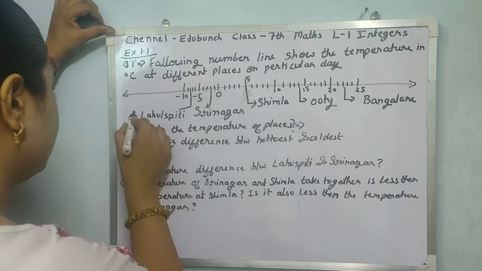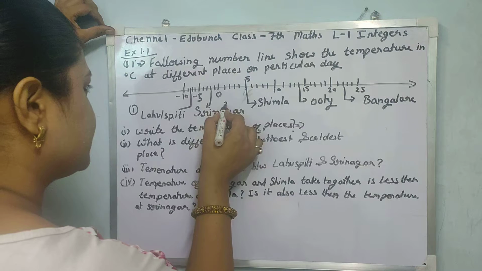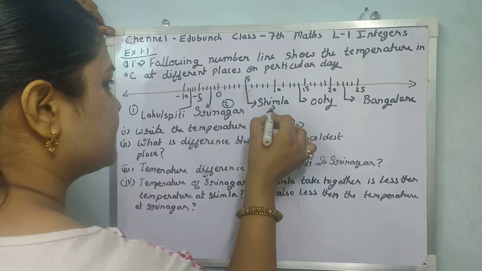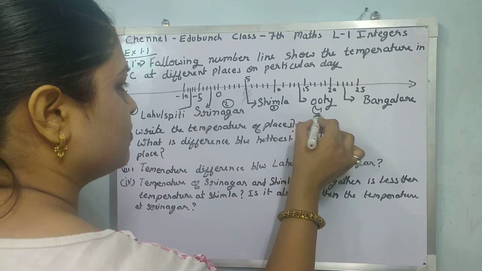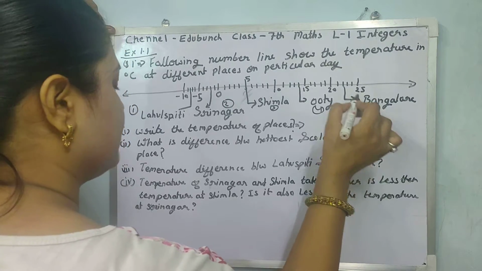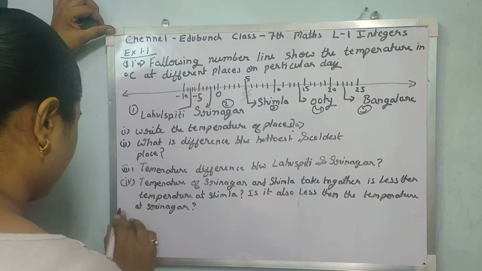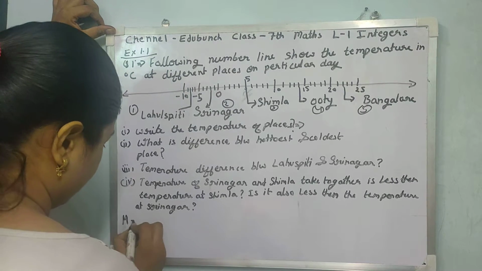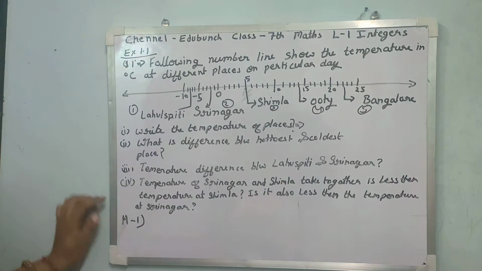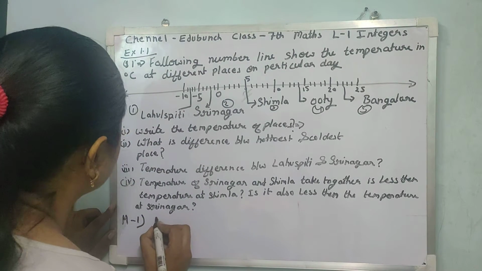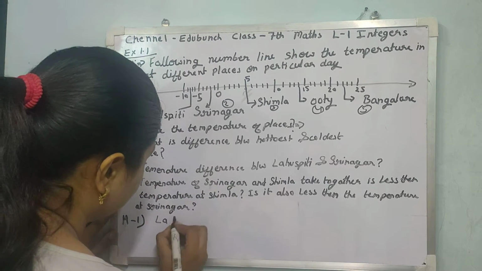So we start with first Lahul Spiti, second Srinagar, third Shimla, fourth Ooty, fifth Bangalore. We write A to denote the answer. The first answer is Lahul Spiti.